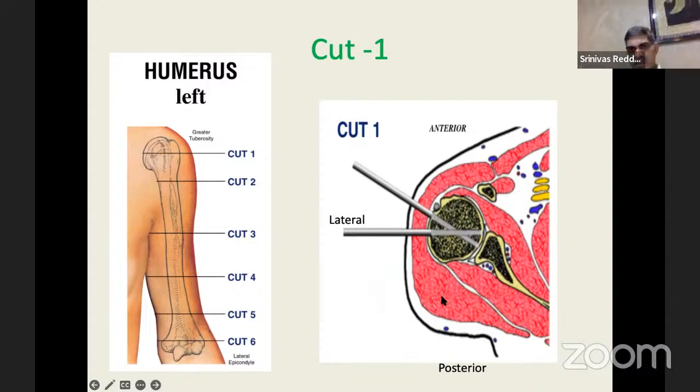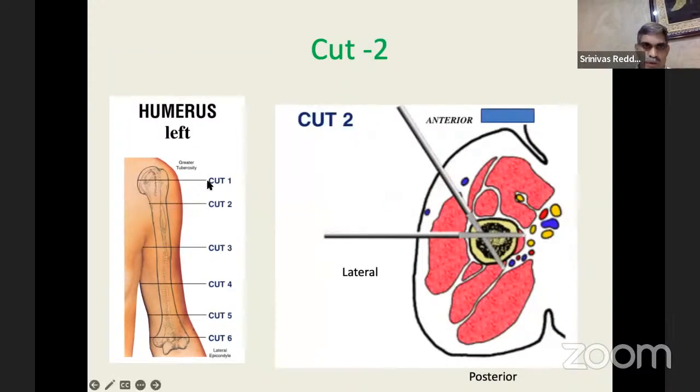You see, this is the deltoid muscle, and this is the infraspinatus, this is the subscapularis, and this is the coracoid process, and the tendon arising from the coracoid, the conjoint tendon, coracobrachialis, and the short head of the biceps.